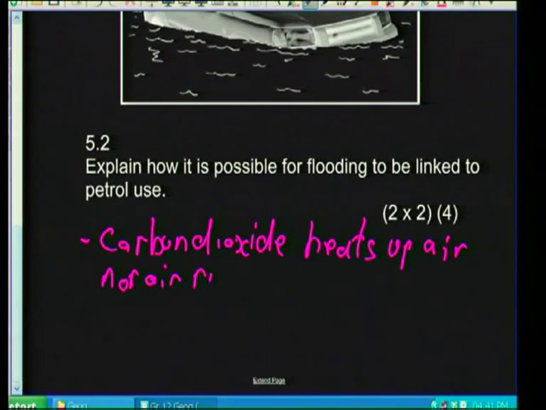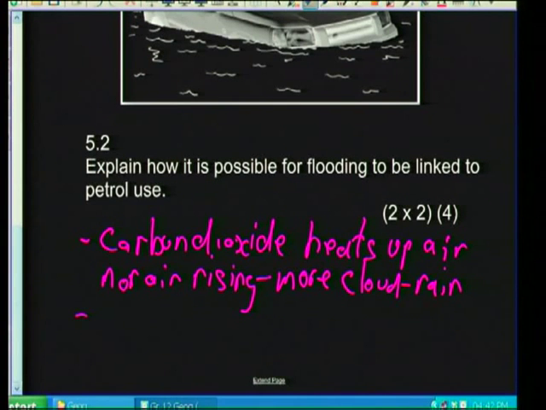I'm going to put it here, more air rising, therefore more cloud, more rain.